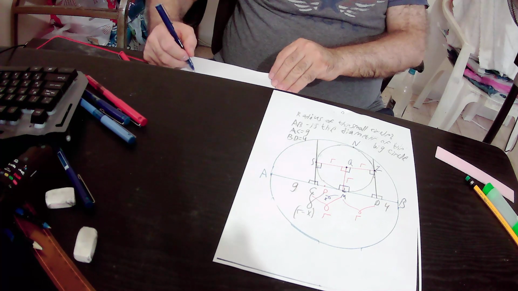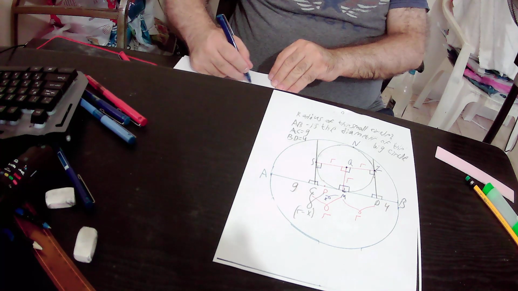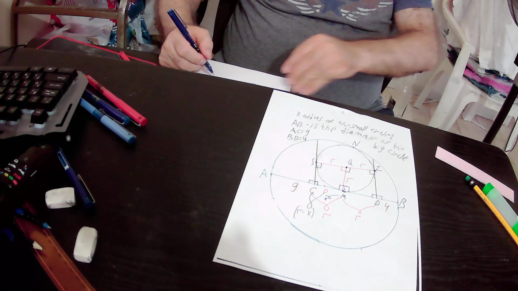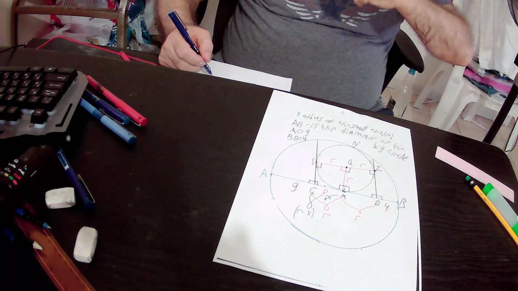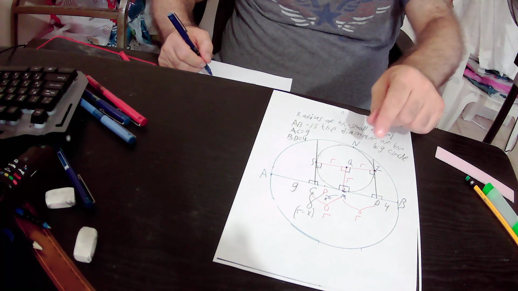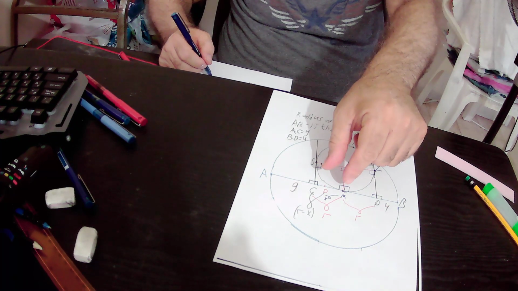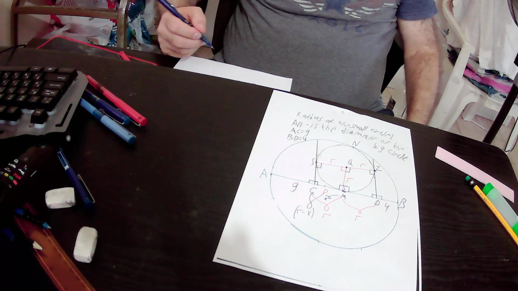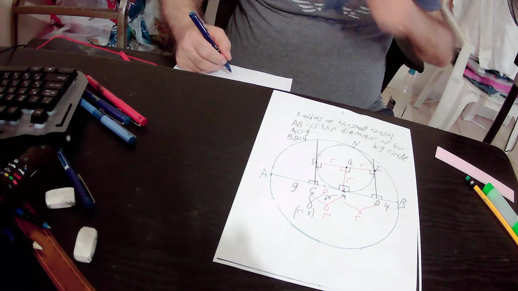So actually the radius of the big circle equals PB. What is the value of PM? According to our definition, PM equals X. And what is the value of MD?